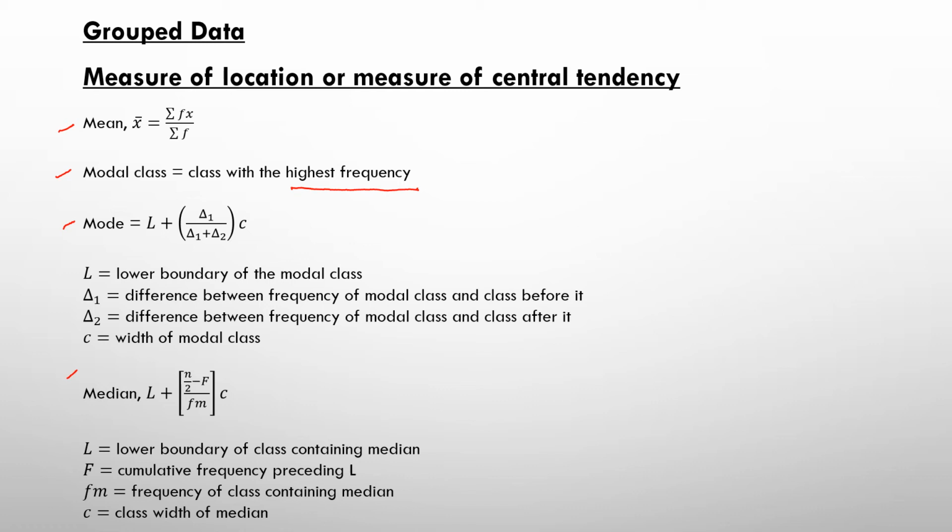The mode is different from ungrouped data, because for ungrouped data we can see the value and get the exact value, but for grouped data we don't know the exact value.